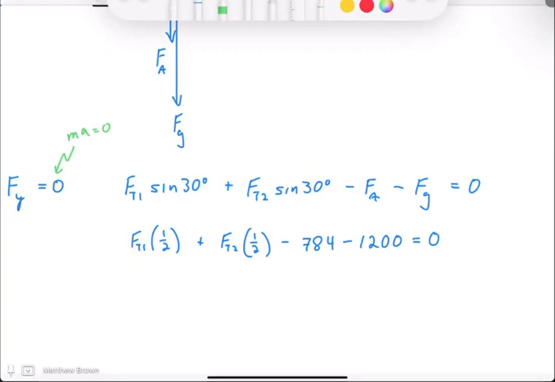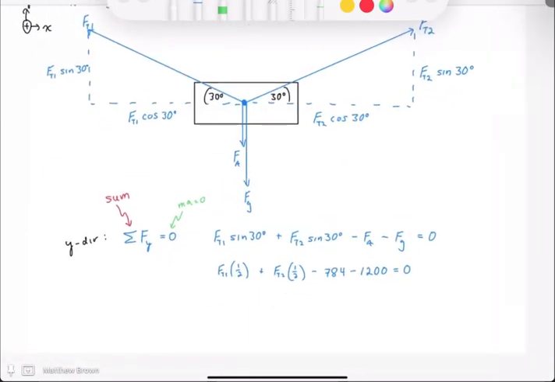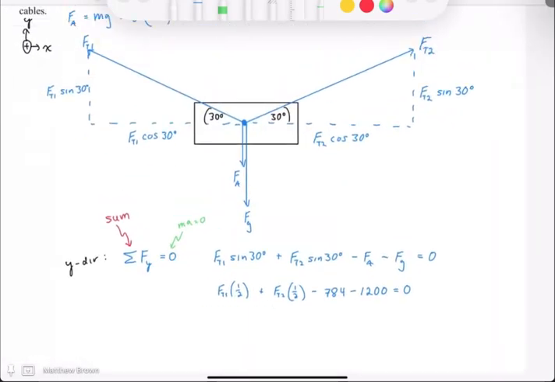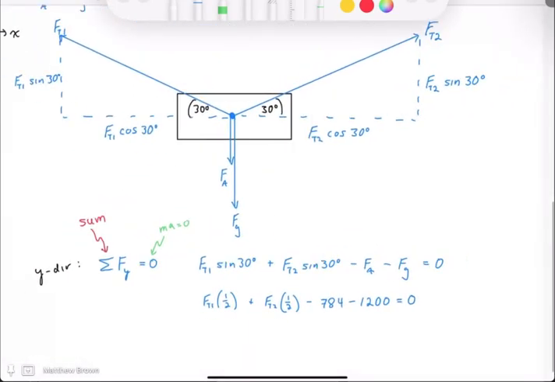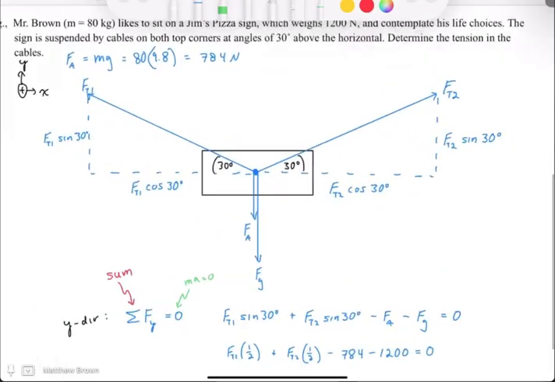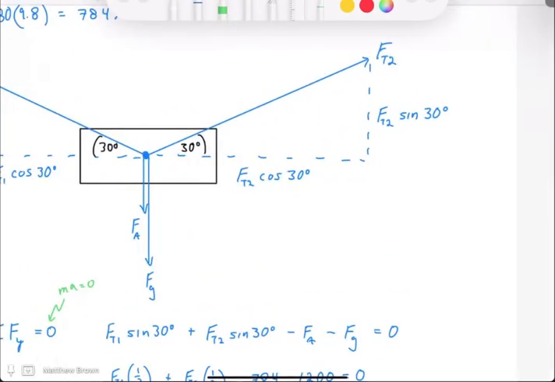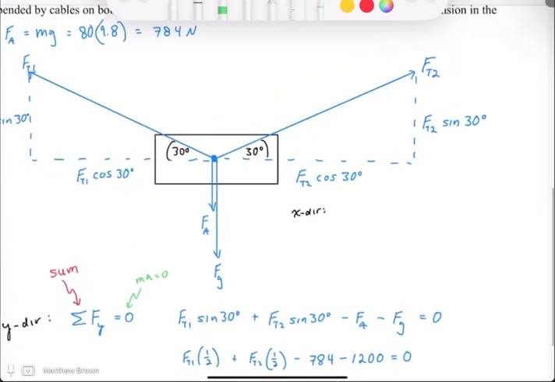Technically, I know I expect these to be equal, but I really could have looked at the x direction, because we only really have the two forces here.